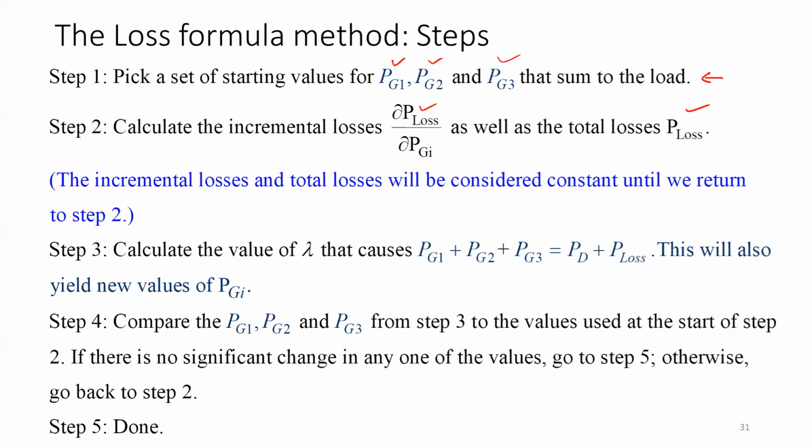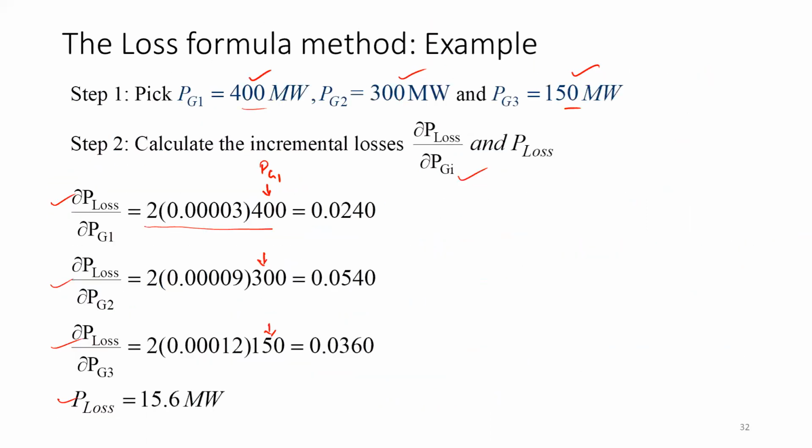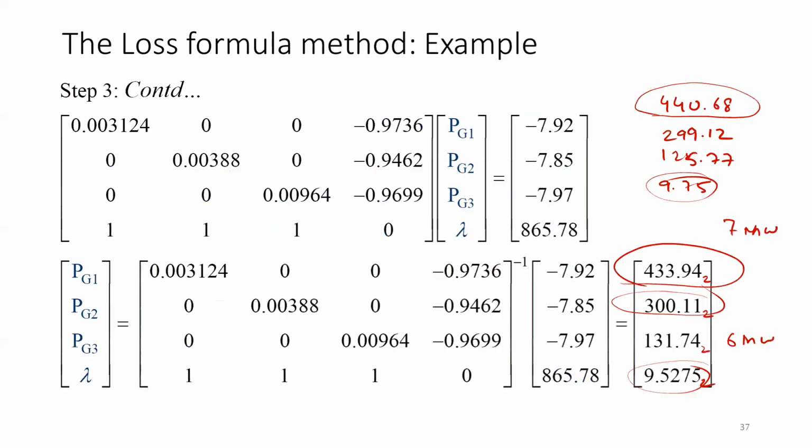So the condition is already given. Whatever your load is, you have to consider PG1, PG2, and PG3 such that they equal the load. Okay, so if your load is 850, you have to consider PG1, PG2, and PG3 such that they sum to 850.